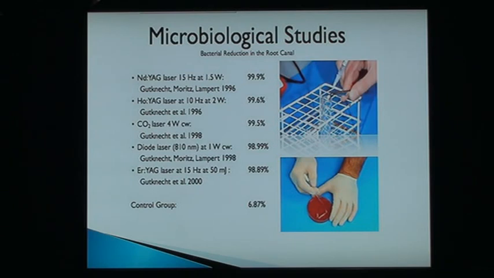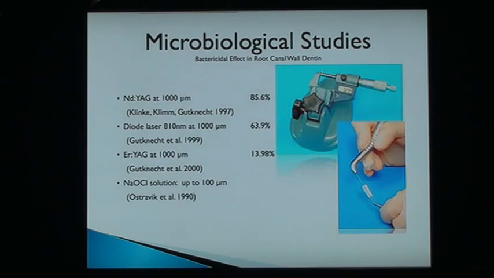We will study this also in the root canal wall dentin, which is a very important part. They used Nd:YAG laser and studied the bacterial reduction at 1000 micrometer depth. They found bacterial reduction of up to 85%.